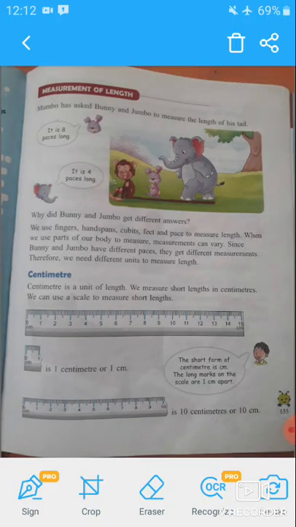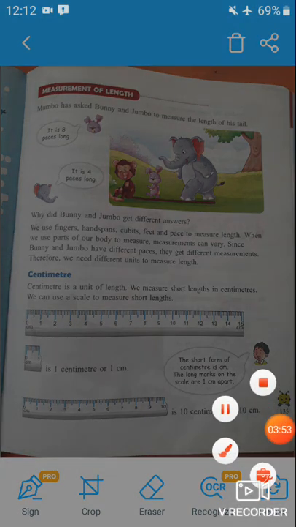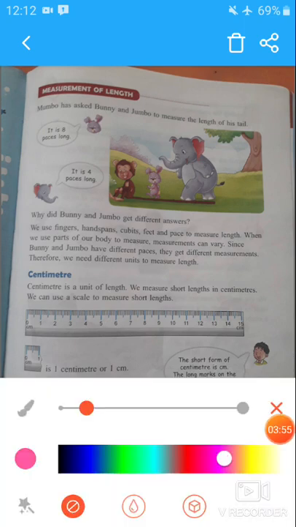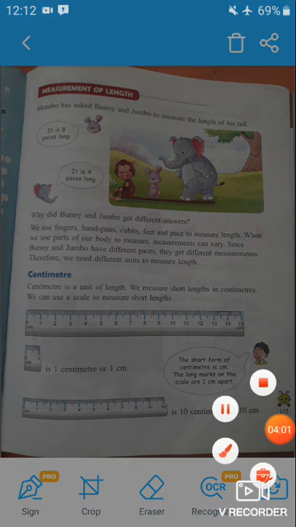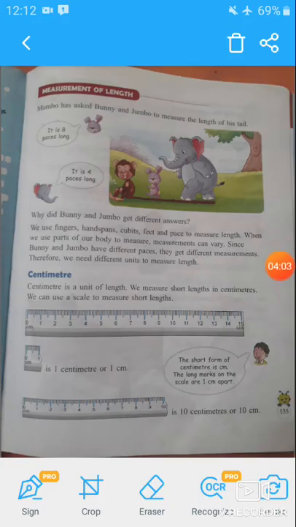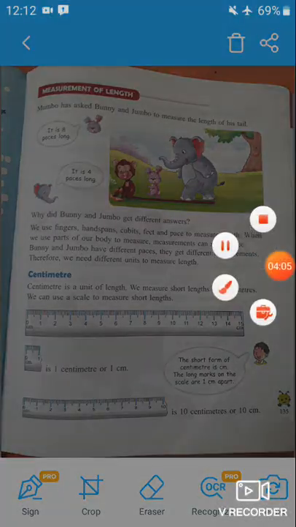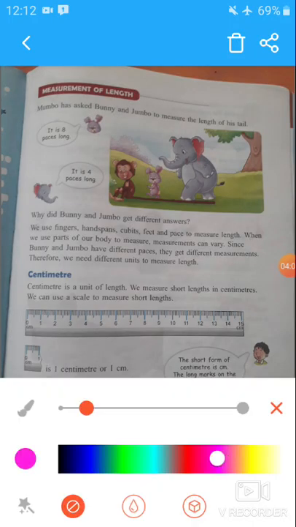Now students, let's come to the first topic, that is measurement of length. Do you know how we can measure length, or do you know about the unit of length? Let me tell you.